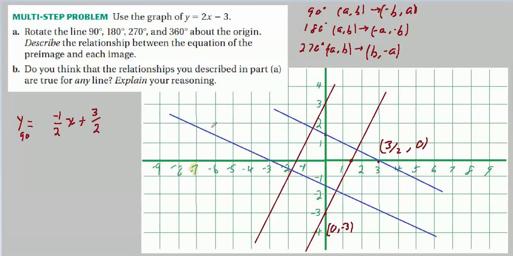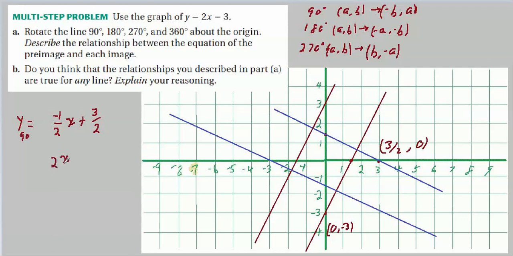What about the next line? Well, it's perpendicular to this. That's one way to look at it. It's a negative reciprocal of the slope of the blue line, or it has exactly the same slope as the reddish-brown line. Look at it either way, you get 2x.